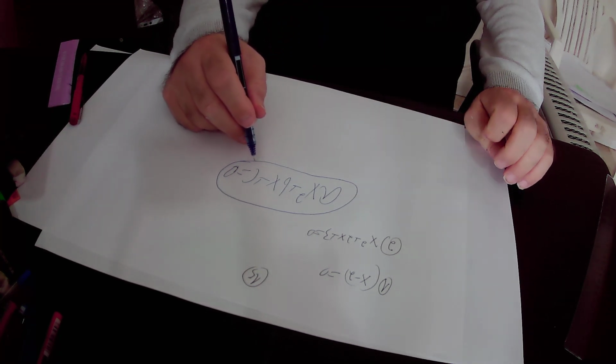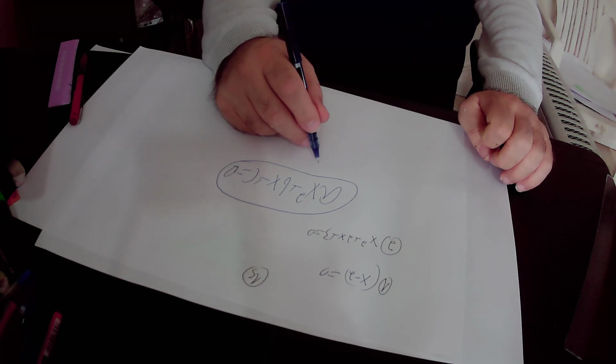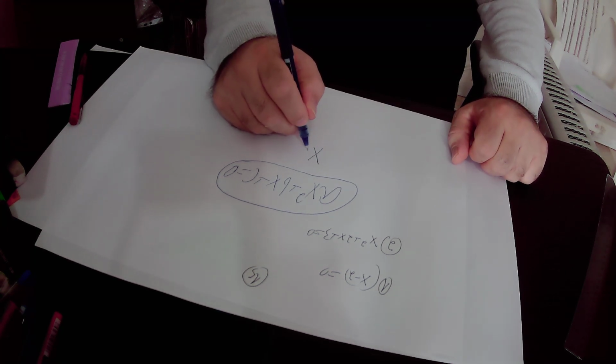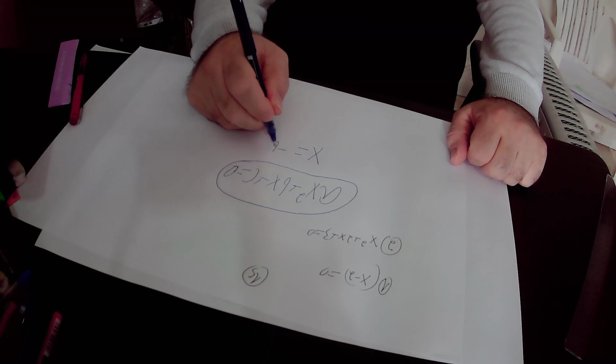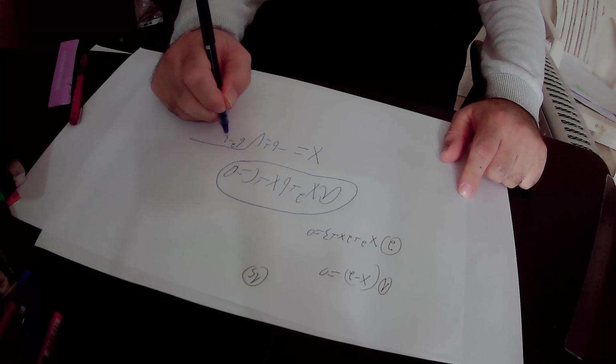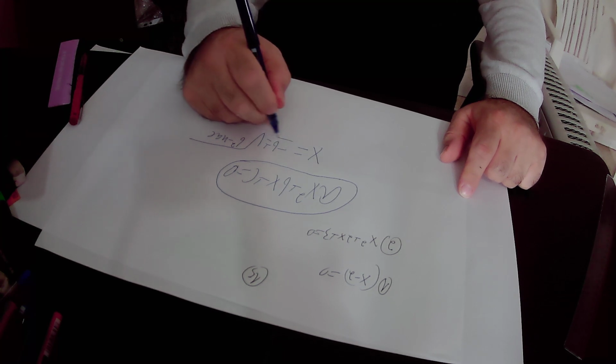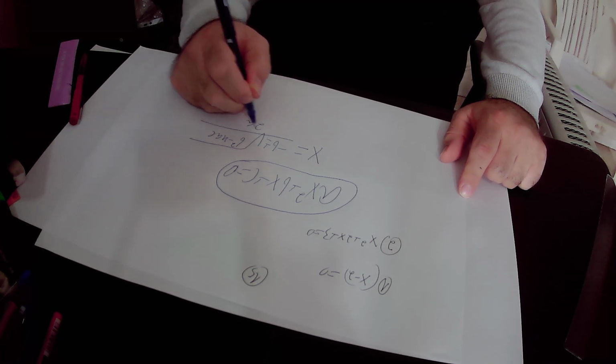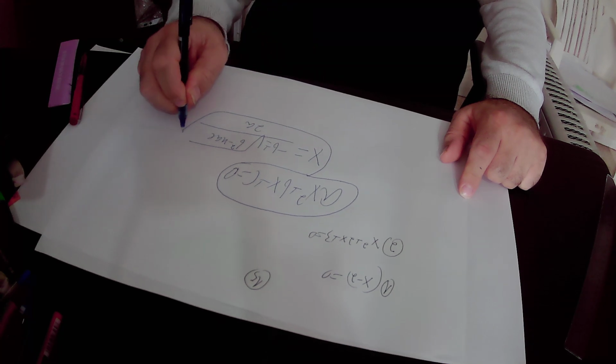We find the value of x by using a special formula: x equals minus b plus minus root of b squared minus 4ac, over 2a.